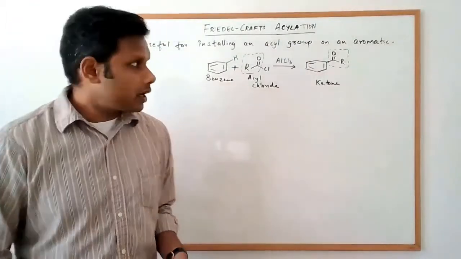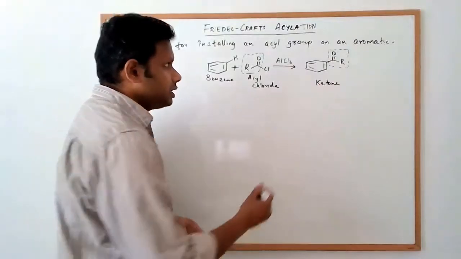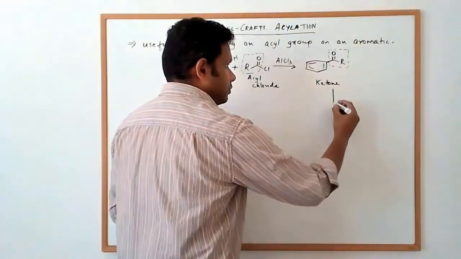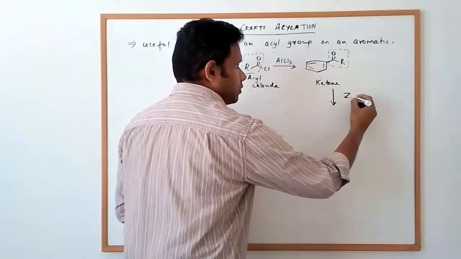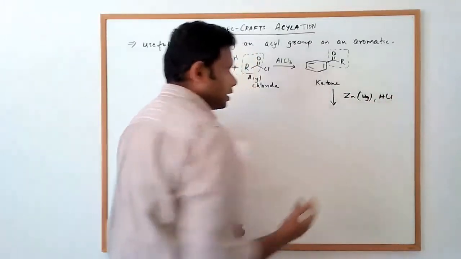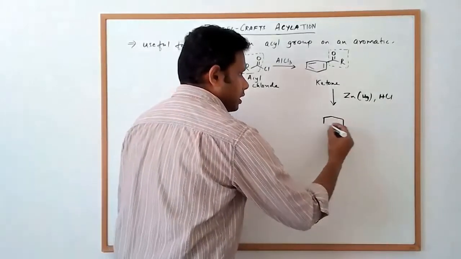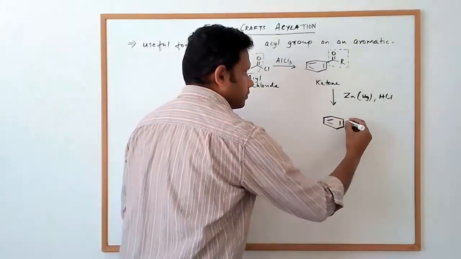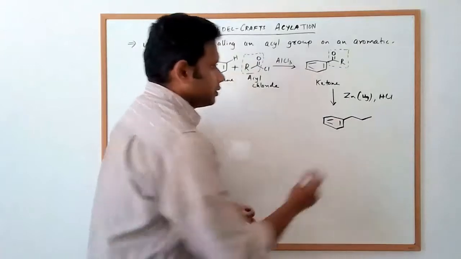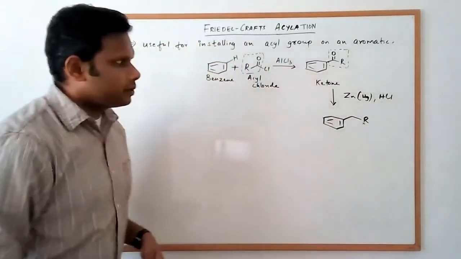So apart from avoiding the polyacylation, there are other advantages to doing the Friedel-Crafts acylation reaction, because the product that we've made here, which is a ketone, can be reduced. You can reduce it using, let's say, zinc and HCl under acidic conditions to make an alkyl group. In this particular case, it's just an R group here.